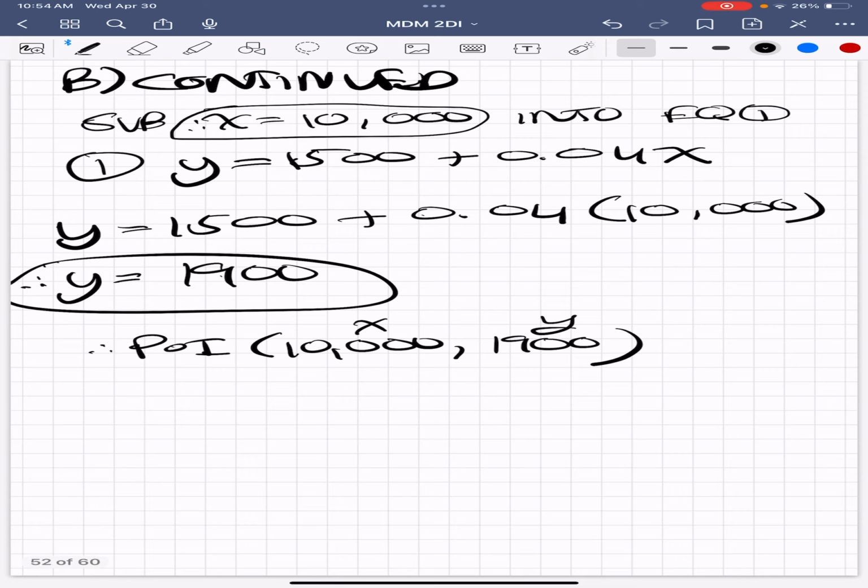So the point of intersection is (10,000, 1,900), meaning regardless of which payment method you choose, you'll get paid the equal amount.